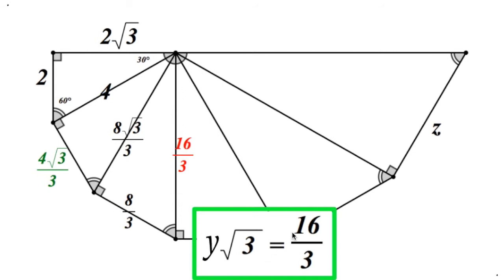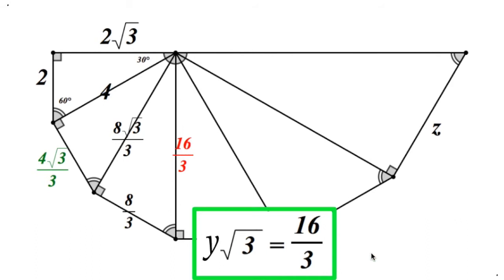That would give you 16 over 3 root 3. You don't want the square root of 3 on the bottom. So out here to the side, you would write root 3 divided by root 3. On top of the fraction, you'd have 16 times the square root of 3. On the bottom, you would have 3 times root 3 times root 3.